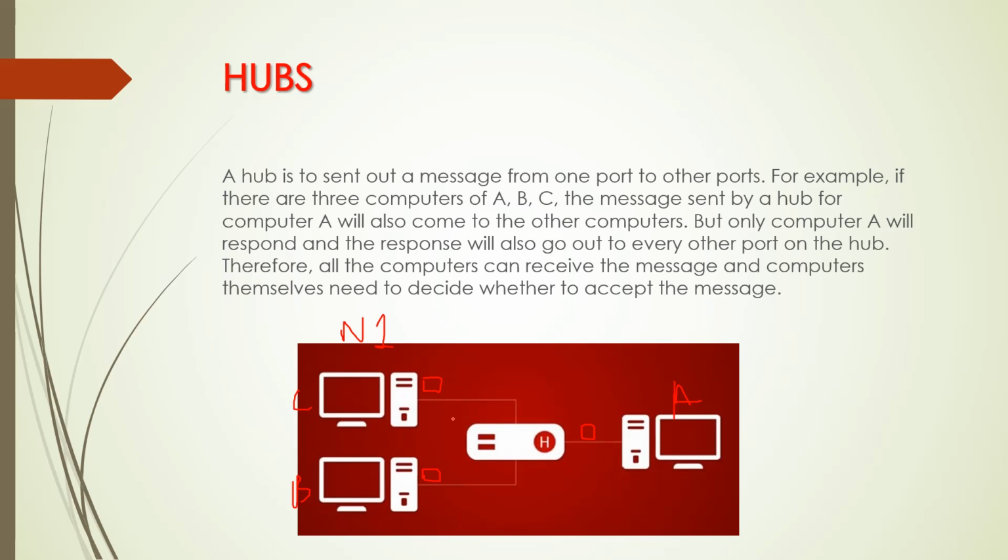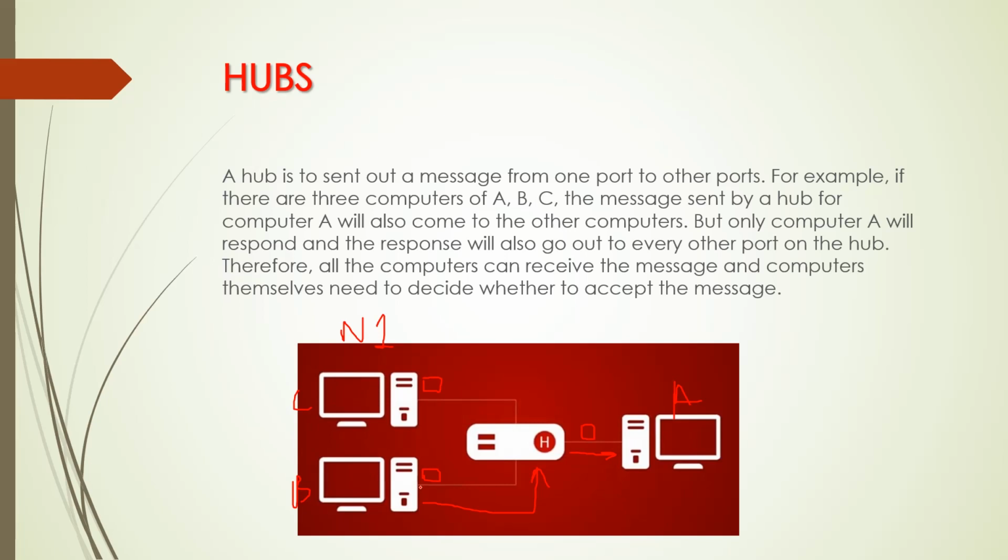The intended machine, let's suppose A wants to contact B, then B will send the reply to the hub, and the hub will pass the reply back to A. No other machine that is not intended by the sender will give a reply to the sender.